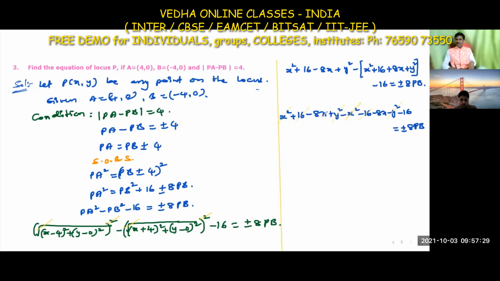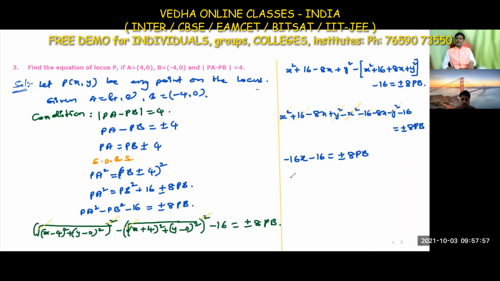So that means we have minus 8x and minus 8x, minus 16x. Sorry, and y terms, there are no y terms. And minus 16, we have one more minus 16. Write that minus 16 as is, equal to plus or minus 8 PB.